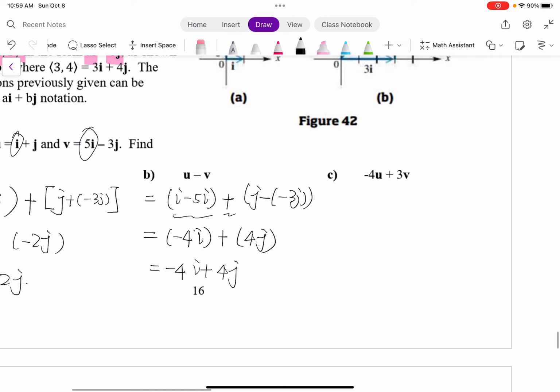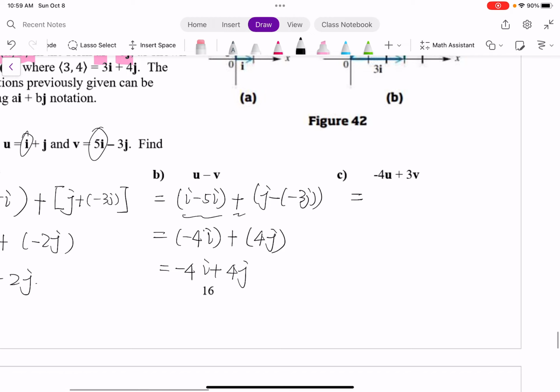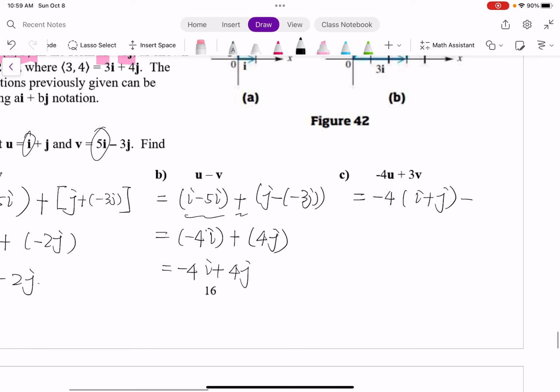Okay, let's see next. We combine all the i together, j together. Let's find negative 4u first. Negative 4 times (i plus j). We can distribute the negative 4 first. Plus 3v, 3 times v.